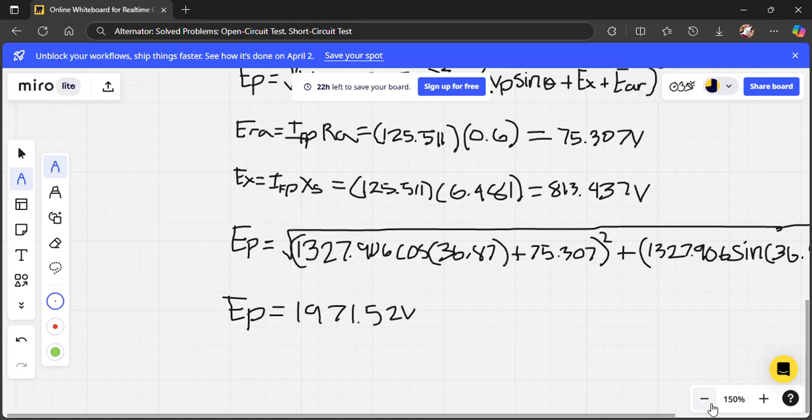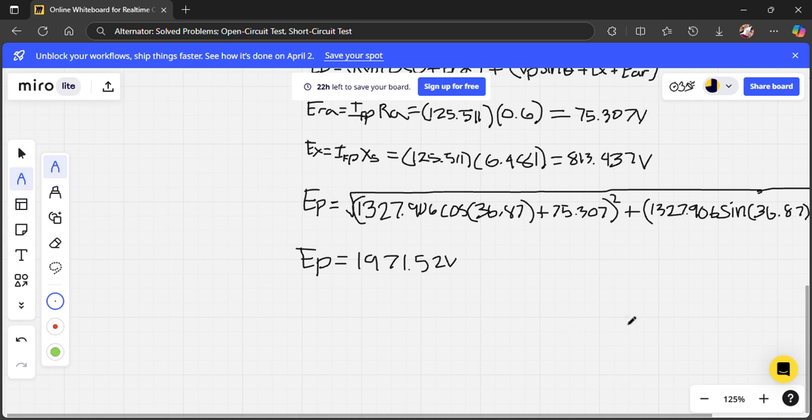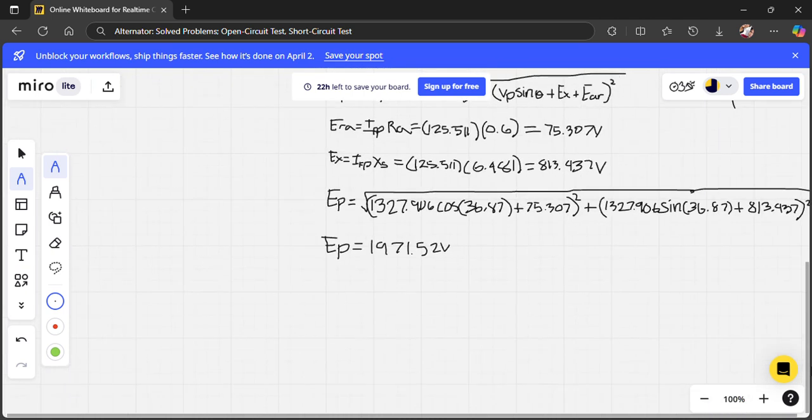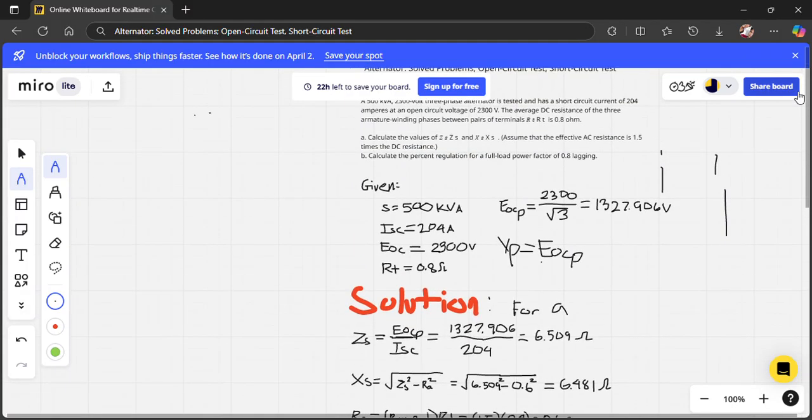Now we need to find the voltage regulation. The problem asks for the percent regulation at full load.